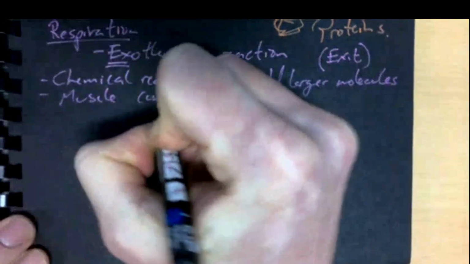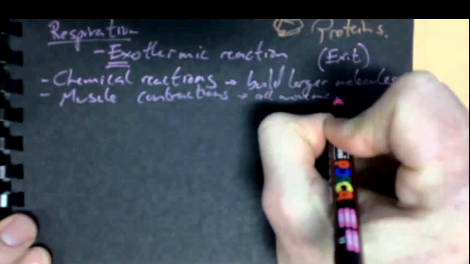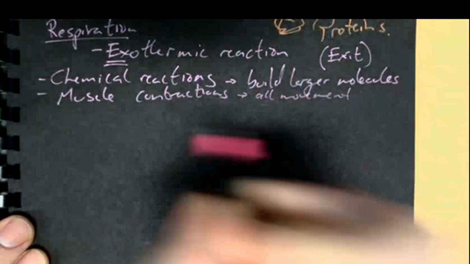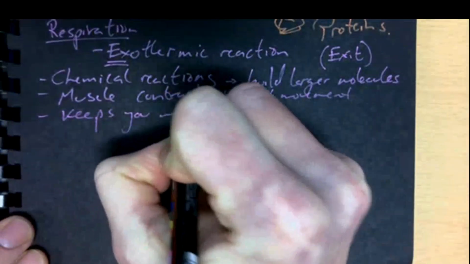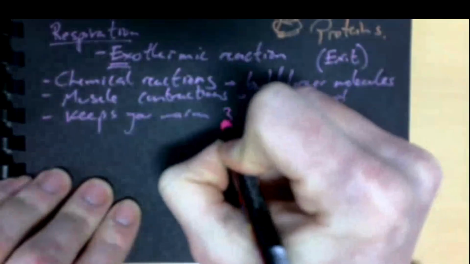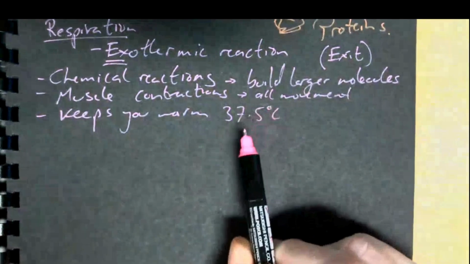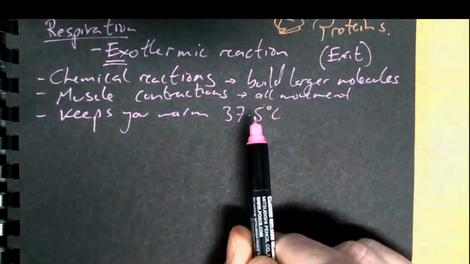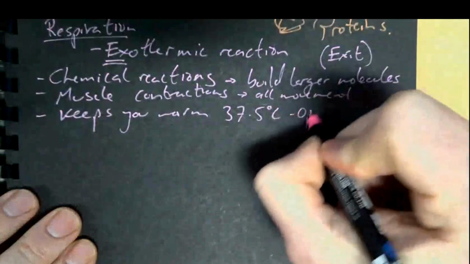It's required for muscle contractions. For all of your movement. And it keeps you warm. You're warm-blooded and your core temperature, remember, is 37.5 degrees C. And the vast majority of your enzymes are working at 37.5 degrees C as their optimum temperature.